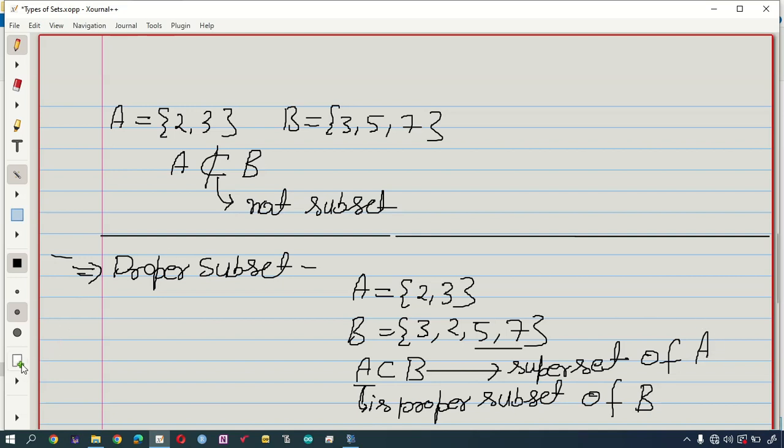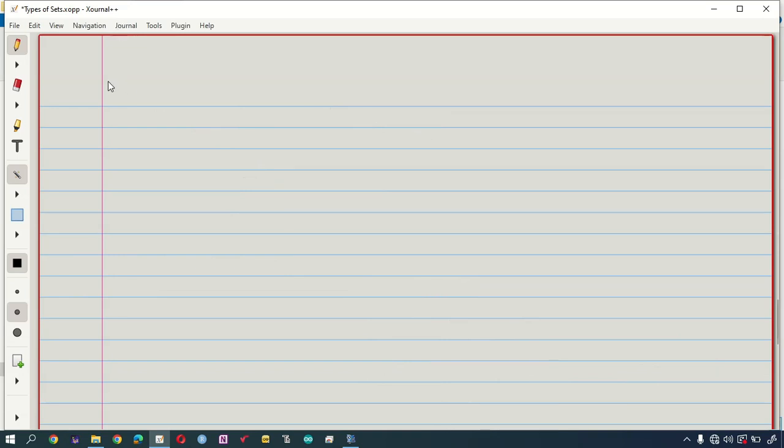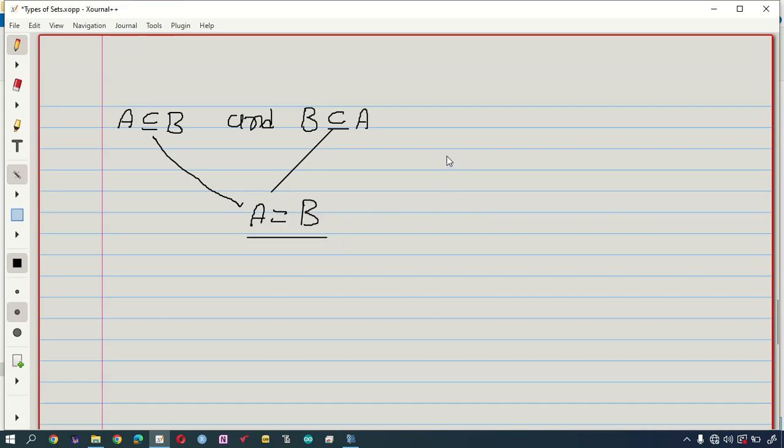Right? Now let us see another concept related to subset. Suppose that I am writing A is a subset of B and B is a subset of A. So this is only possible if it results in A is equal to B. Example, if I am taking A as 5 and 7 and B again 5 and 7.